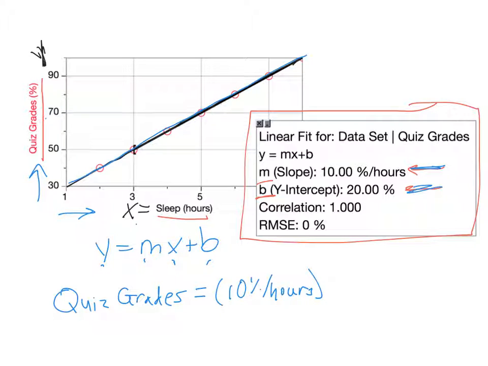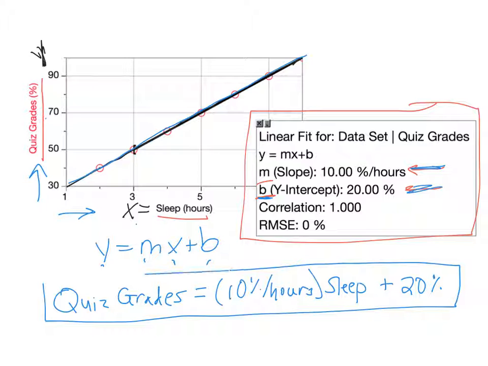And our x is the sleep, and our b, like it says here on our linear fit box, is 20%. Okay, and that's it.